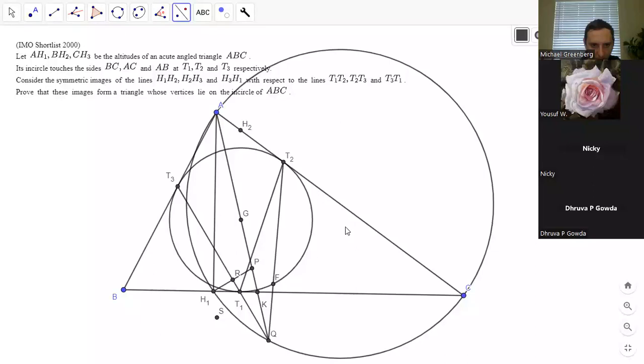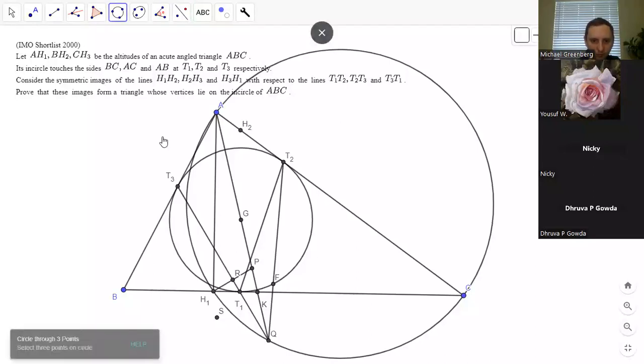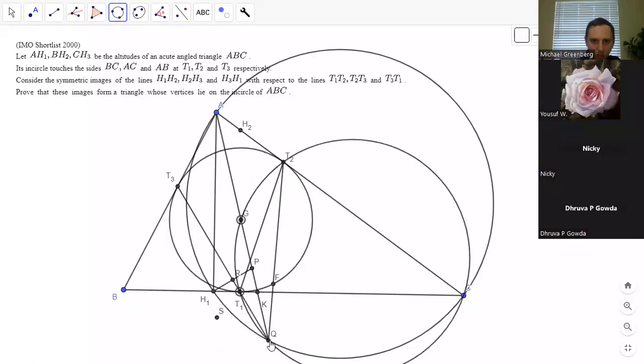We have T1, G, Q, and C cyclic. That's because T1QG is equal to half of C. Yeah, they're all right angles.